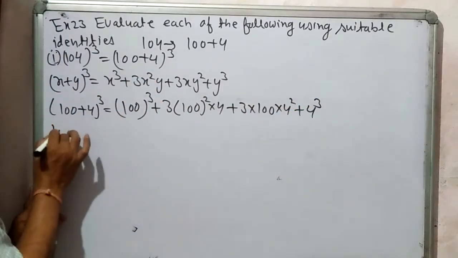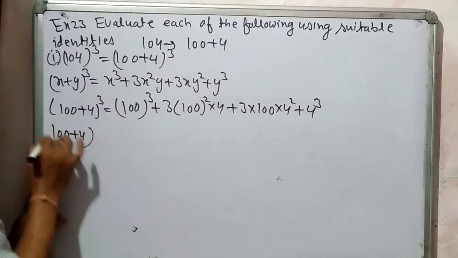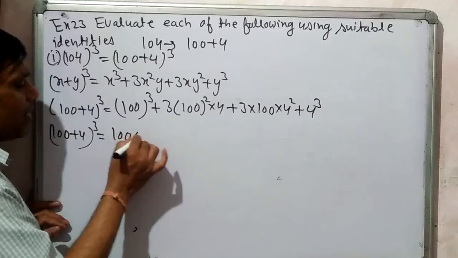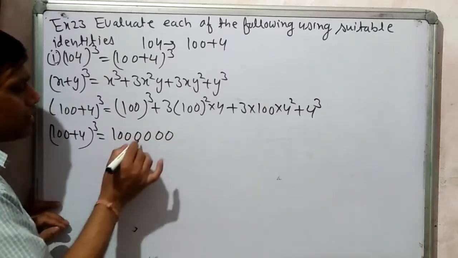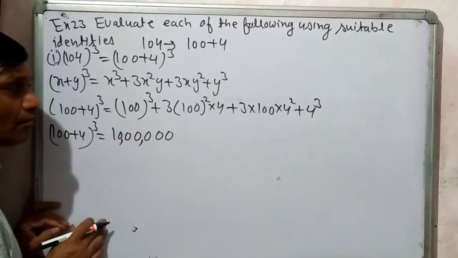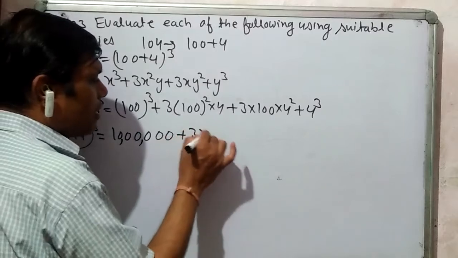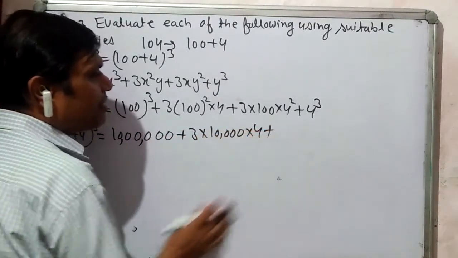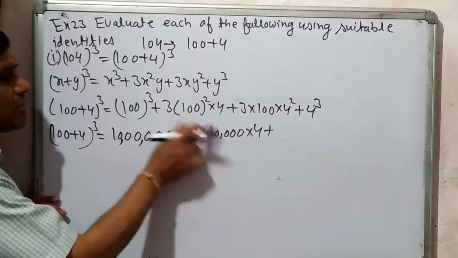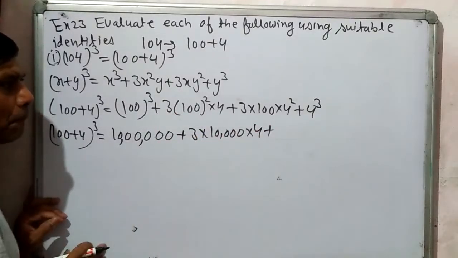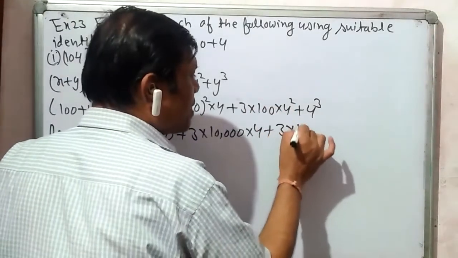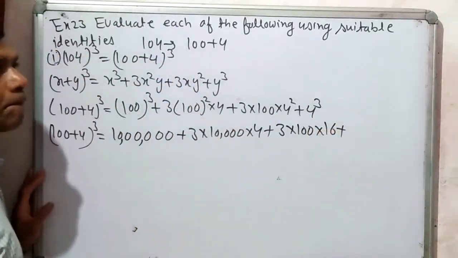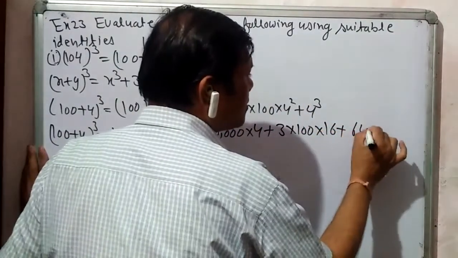Solve this out. What I get for 100 plus 4 whole cube: 100 cube will be 6 zeros, plus 3 multiplied by 100 square, which is 10,000, multiplied by 4. We have to do the squares and the cubes first. Next is 3 multiplied by 100 multiplied by 4 square, which is 16. 4 cube is 64.